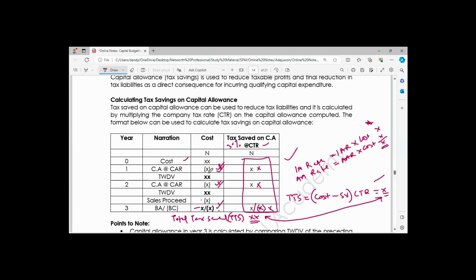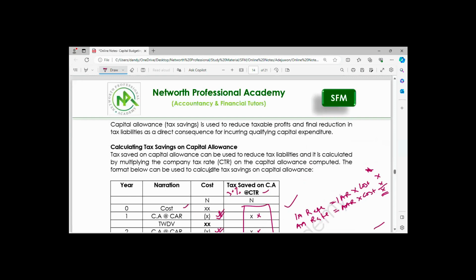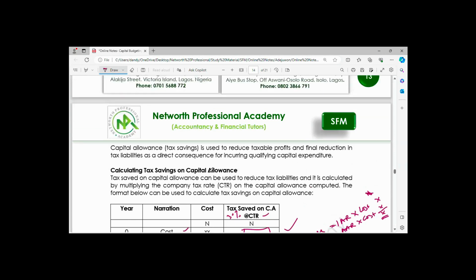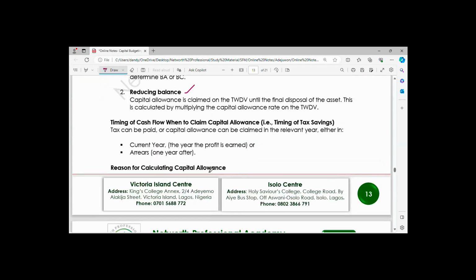So on the final note, under taxation, let's talk about timing of cash flow. You want to know when you are supposed to pay your tax or when you are supposed to claim your capital allowance. So tax can be paid in the current year or in arrears.